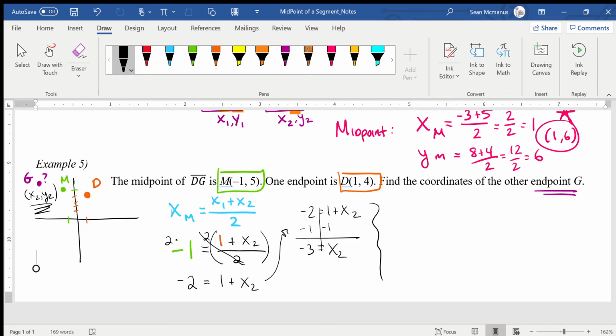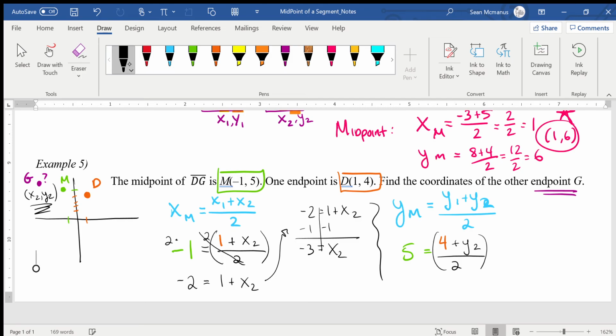And I can do the same thing with the y. So the y coordinate of the midpoint, I would take the two endpoint y's and divide by 2. The y coordinate of the midpoint is 5. The y coordinate of the first endpoint I know is 4. I don't know what the y2 is, but I can solve for it because it's the only thing missing.